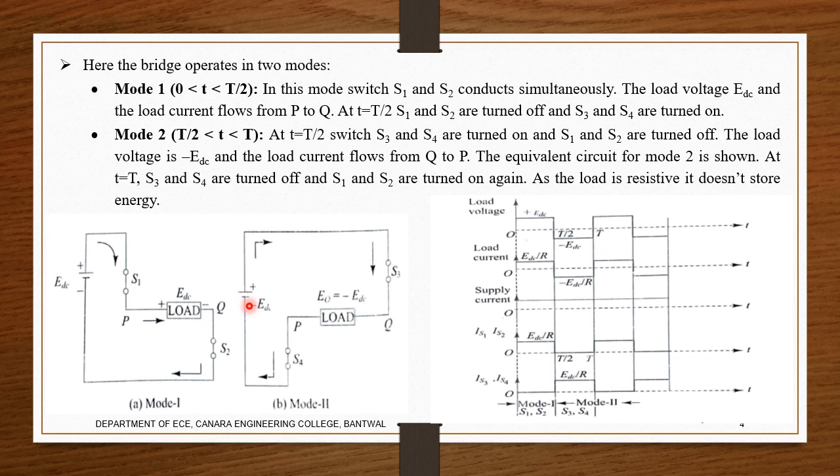At t equals T, S3 and S4 are turned off and S1 and S2 are turned on again. So it alternates between mode 1 and mode 2. Due to this, the negative cycle has been implemented here, which is nothing but minus EDC.